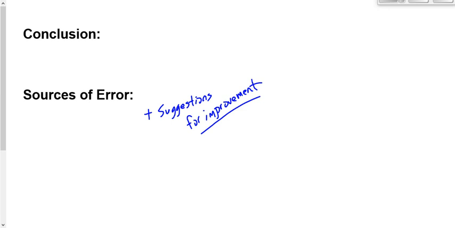You're not ruining your source of error by fixing it ahead of time. I would rather see you say, oh, this was a potential source of error that I recognized and I fixed it by doing this, as opposed to, oh, I figured this out after the fact and this is what I do next time. So if you catch it ahead of time, fix it. You can still use that. Just tell me how you fixed it rather than how you would fix it. Fixing it ahead of time is way better than fixing it after the fact.